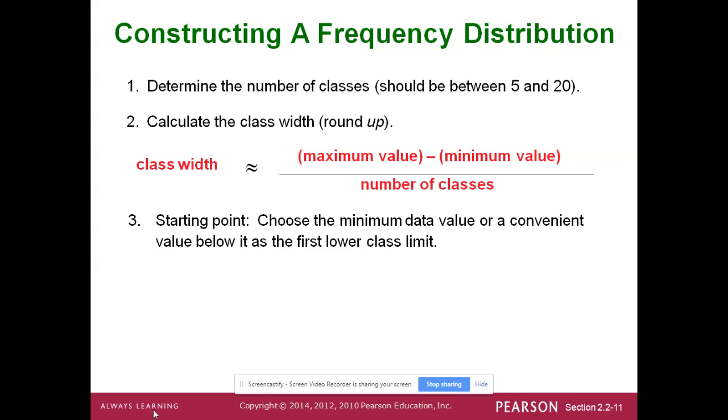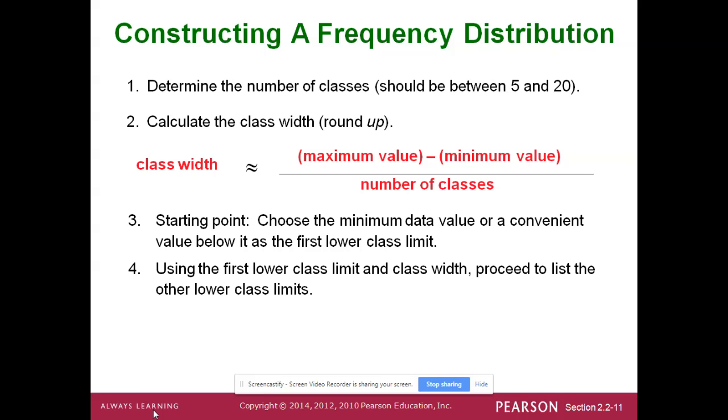Most of the time, you can just make that minimum value your lower class limit for that first class on your frequency table. Or if your lowest number is 21, you might want to make your lower class limit 20, and then go by tens or something, depending on how many classes you want to make. You can make it different according to the data that you got.